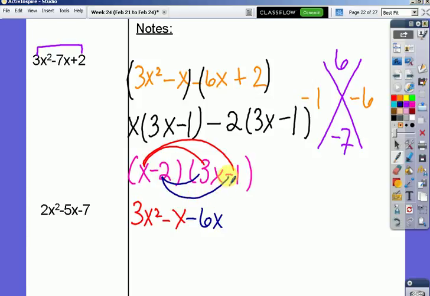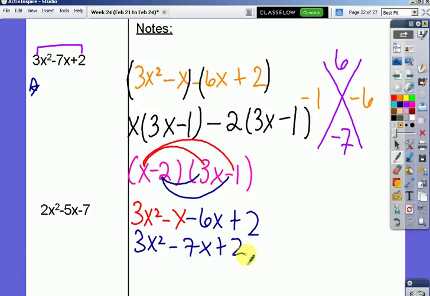Negative 2 times negative 1 is positive 2. I need to get this in the end, do I? 3x squared minus 7x plus 2. Yeah? You see, that's the point of that middle term breaking apart. We want to be able to get here. Yeah?